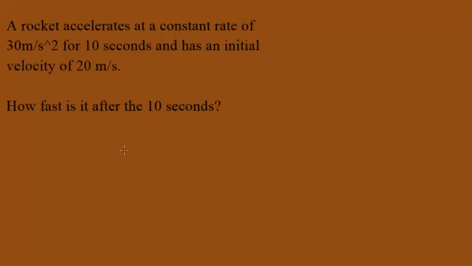A rocket accelerates at a constant rate of 30 meters per second squared for 10 seconds and has an initial velocity of 20 meters per second. How fast is it going after 10 seconds? So it's accelerating at a constant rate and it has an initial velocity. We want to know the final velocity.